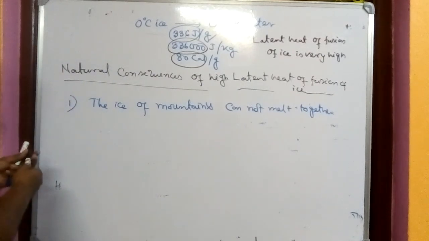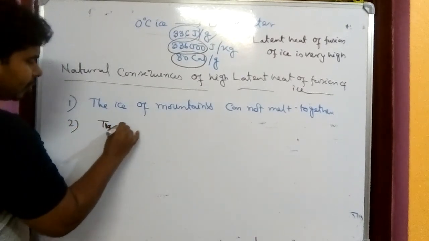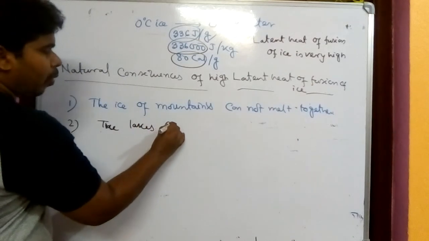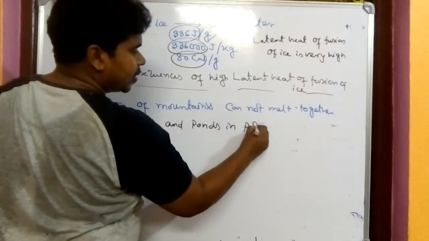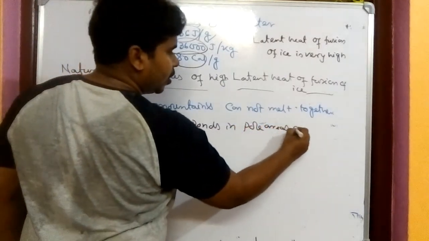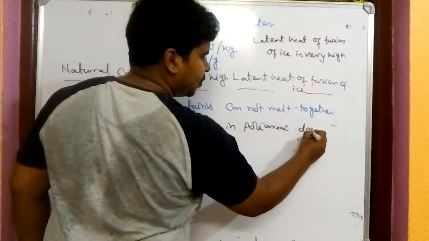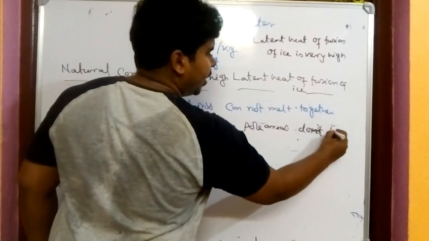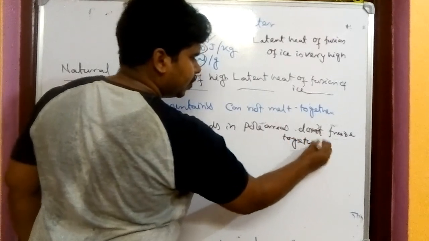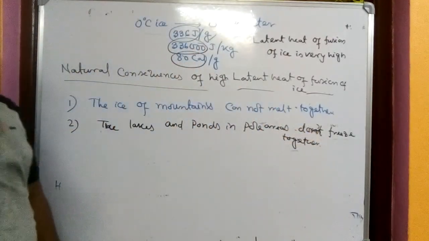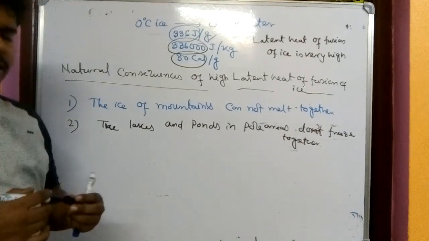First consequence done. Second consequence: the lakes and ponds in pole areas don't freeze together. If I'm talking about lakes, in lakes there is water.